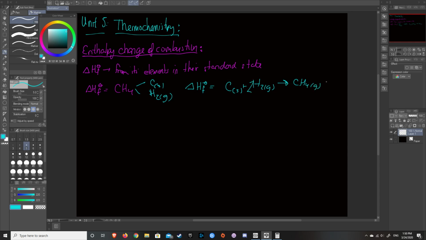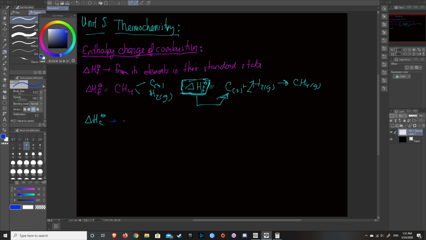So basically, this value will be an experimental value provided to you in your chemistry data booklet. Whereas our delta H of combustion is almost the exact same thing. It's going to simplify things by not having to do this delta H of F calculation, and it's more accurate. Let me just write it down.